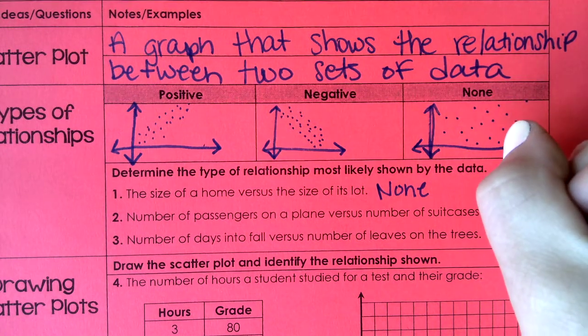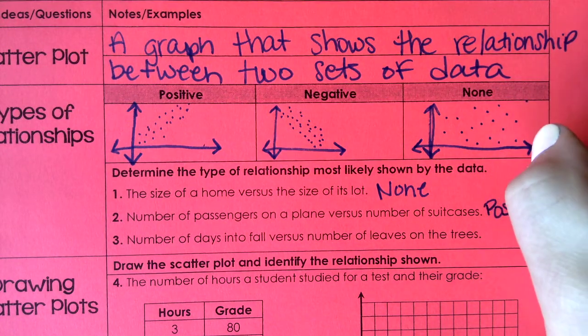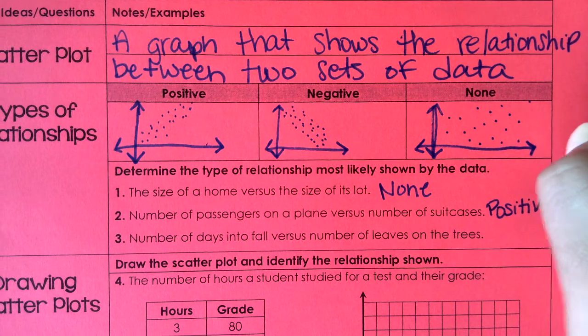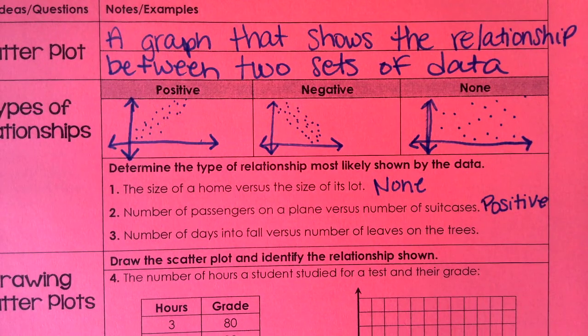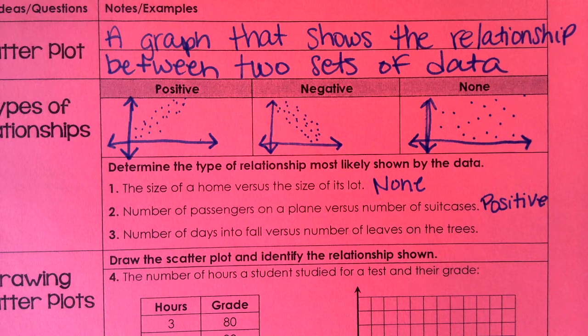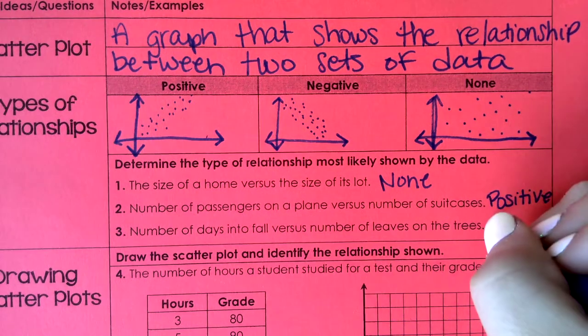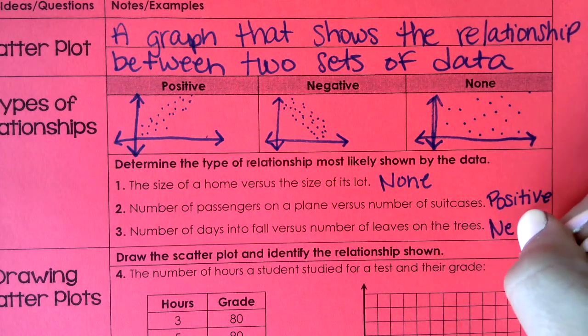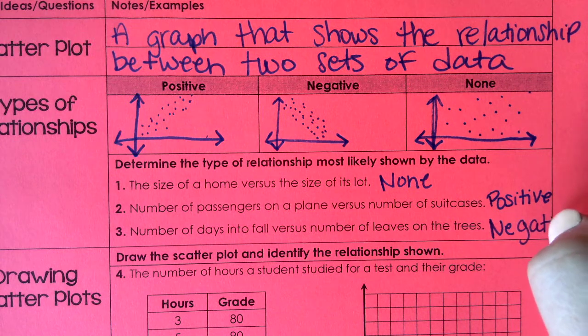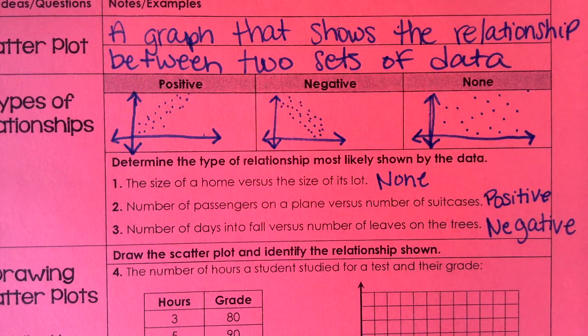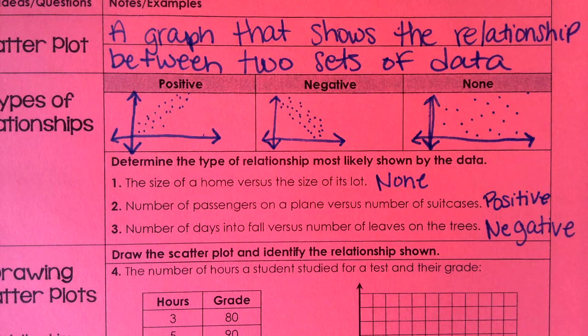So that's going to be a positive. Now number 3, the number of days into fall versus the number of leaves on the trees. Negative, because the farther into fall we get, the more leaves are going to fall off our trees. So there are a few examples of our types of relationship.